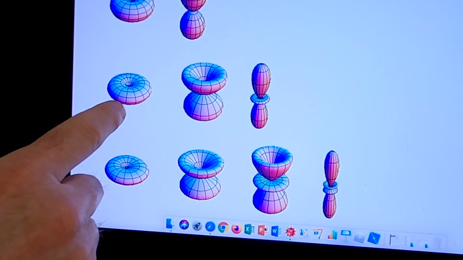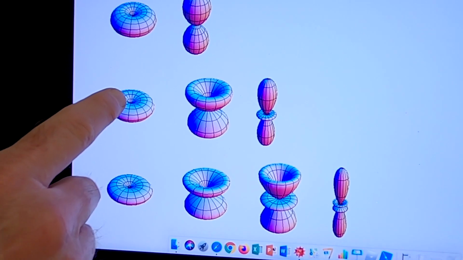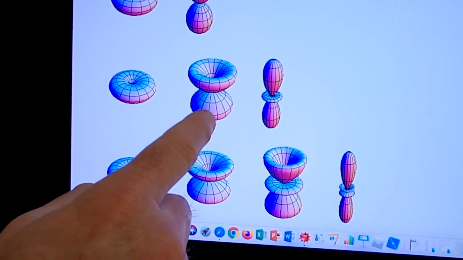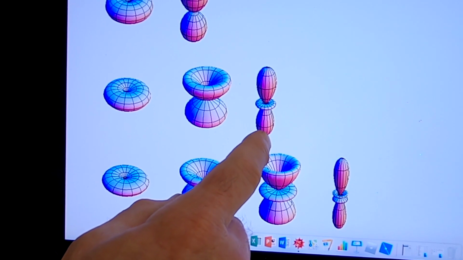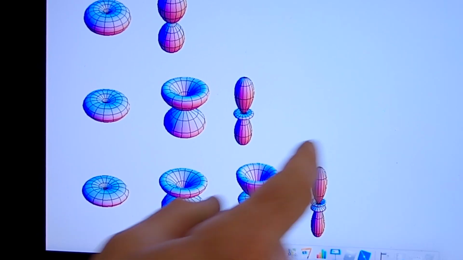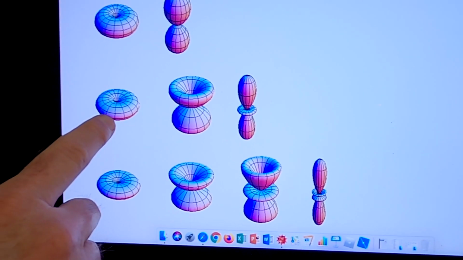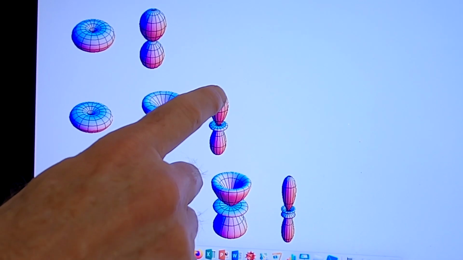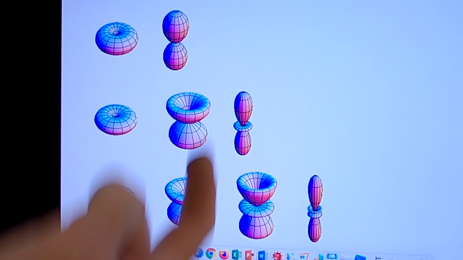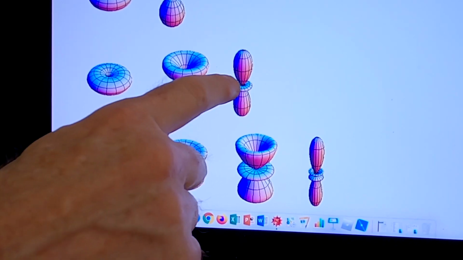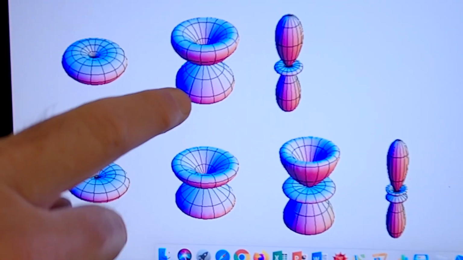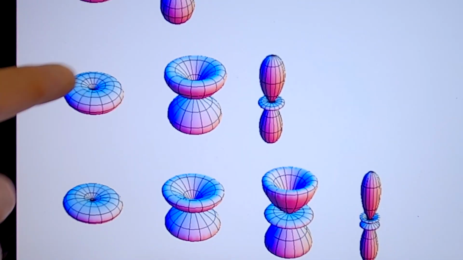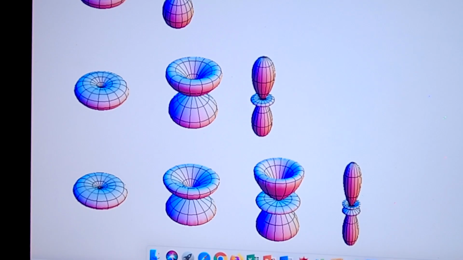Okay, so this is the L equals 2 case. You got m sub l equal 2, 1, 0, and then minus 1, minus 2 right here. This one over here peaks at the poles and a little bit on the equator. This one really enhances it on the equator, and this one's like halfway in between.